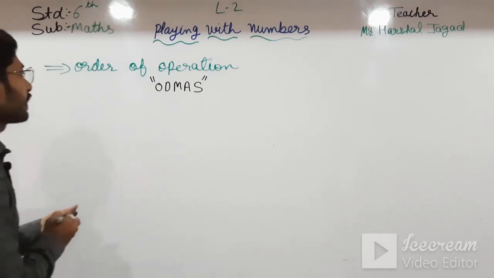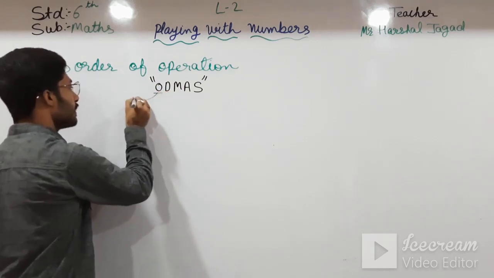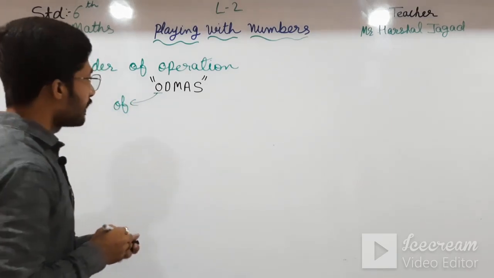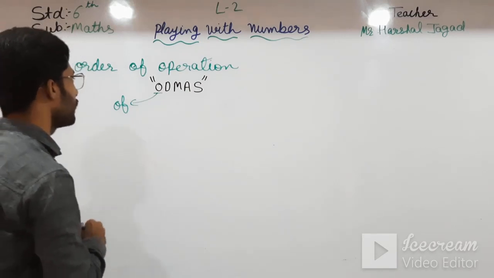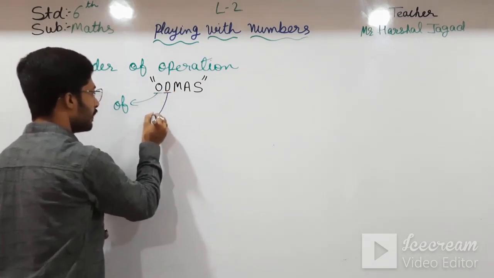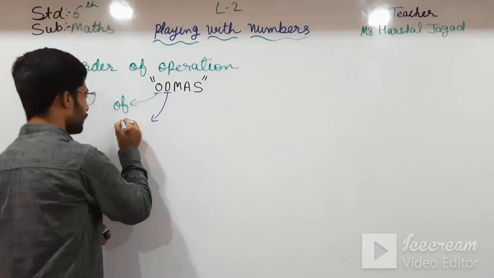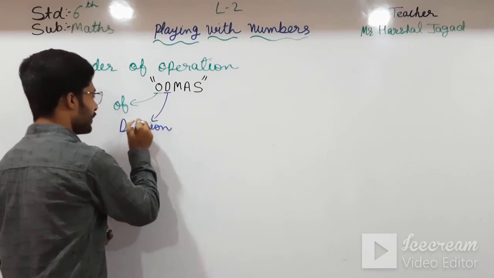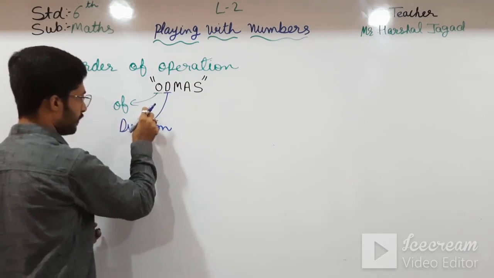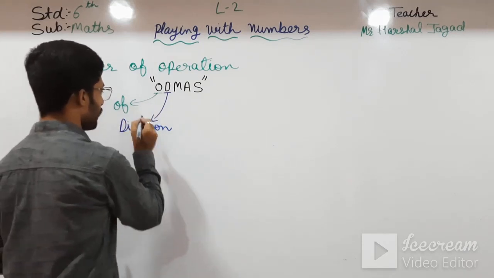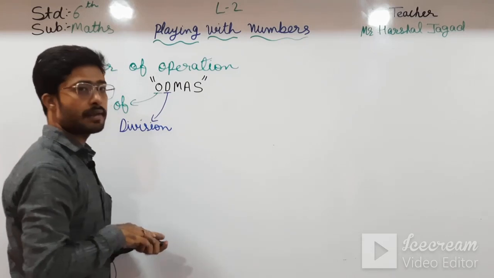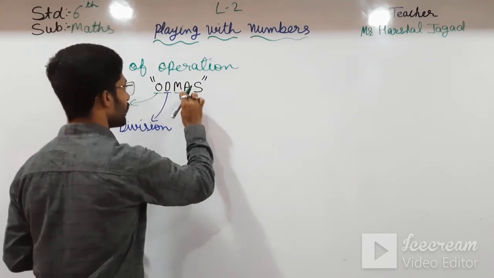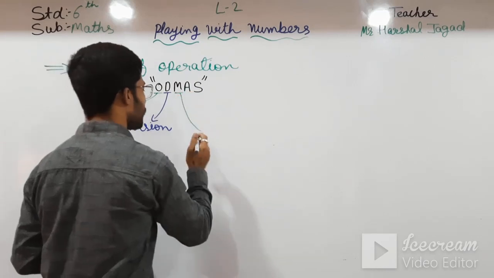So here O is of. Okay students, next, that is D, that is division. Okay, and what is M? That is multiplication.